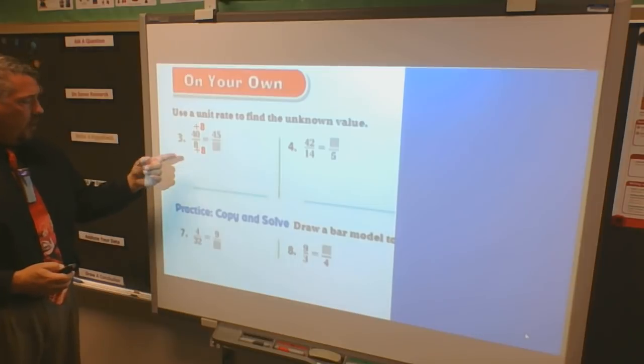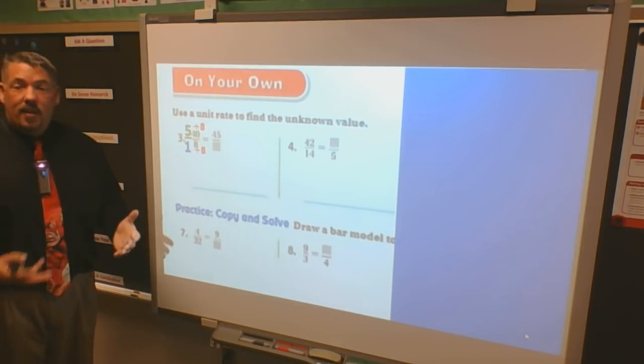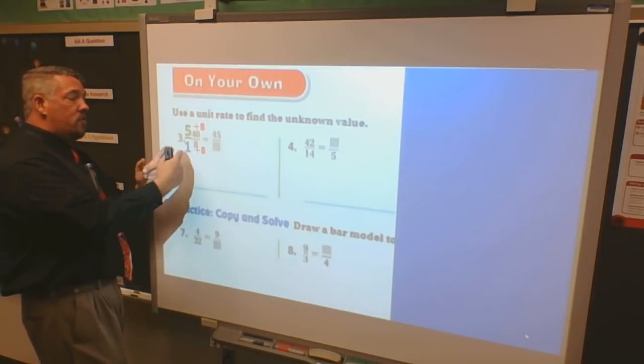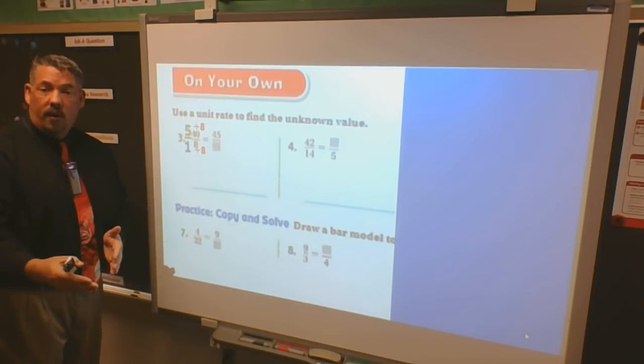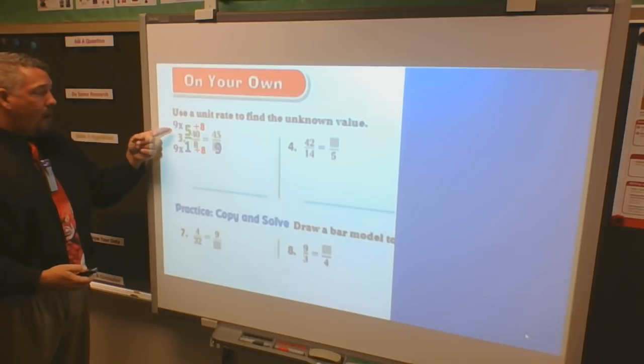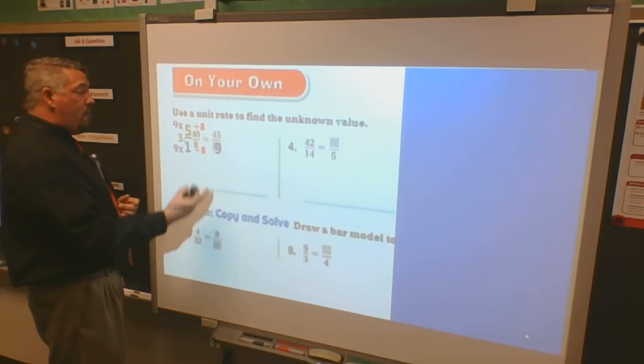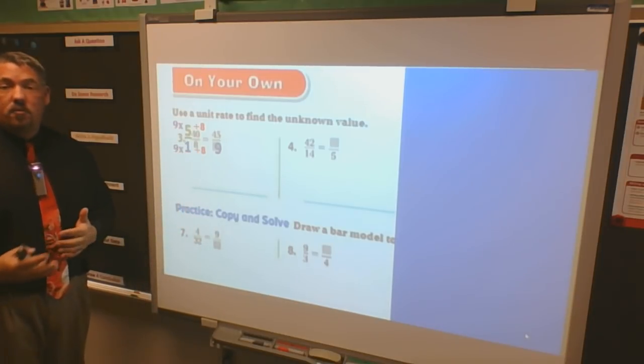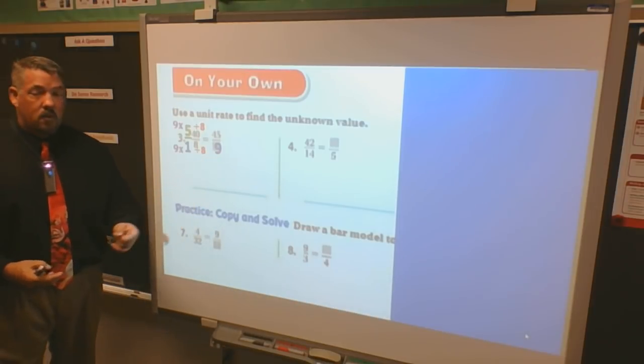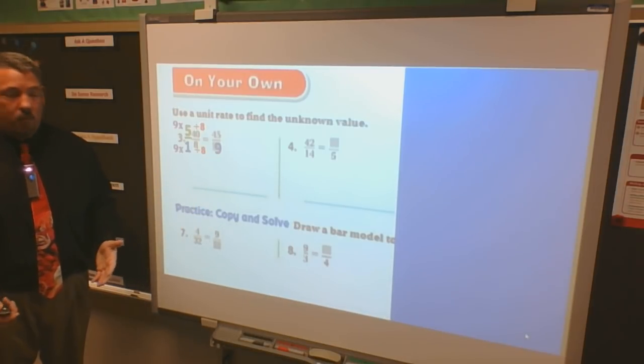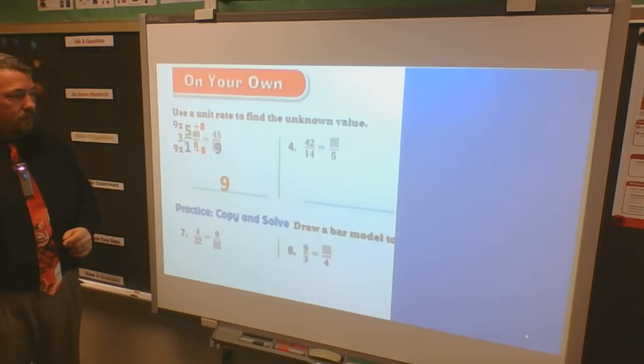I know that 8 goes into 8 one time, and 8 goes into 45 times. Now what I'm doing is going from the 5 to the 45, which does work evenly. I multiply it by 9, so I have to multiply my denominator by 9, and 9 times 1 gives me 9. So my gray box, my missing number, is simply a 9.